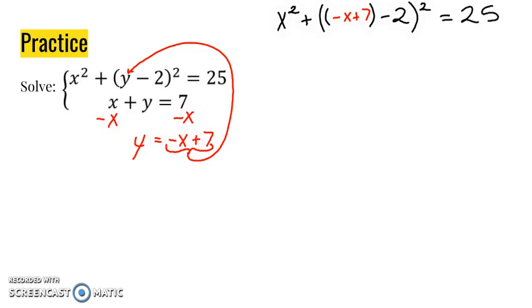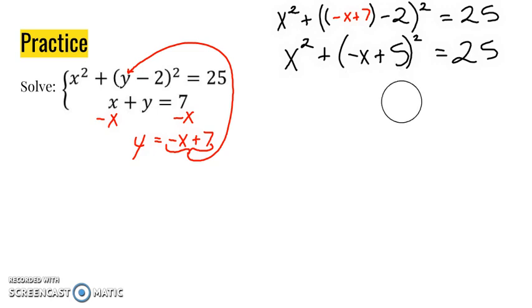Okay? So I've got a negative x plus 7 minus 2. So really, I've got x squared plus negative x plus 7 minus 2, which gives me a positive 5, squared equals 25. Okay? Now, before I go on, negative x plus 5, I cannot distribute that squared in. I do have to FOIL that.